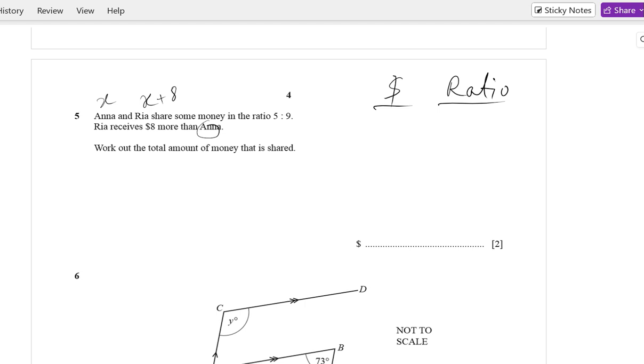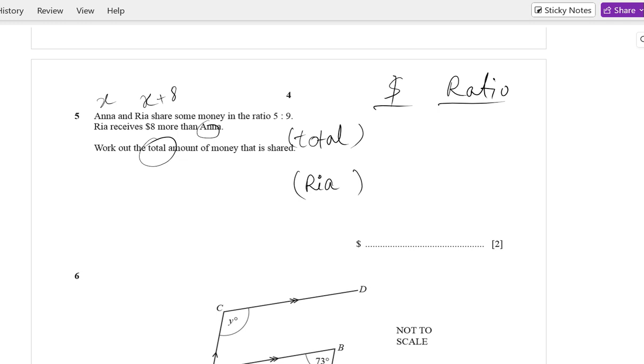So either we could find, all right, since we need to find the total amount. So let's see, our one thing is your total amount. The other could be Ria or Anna.